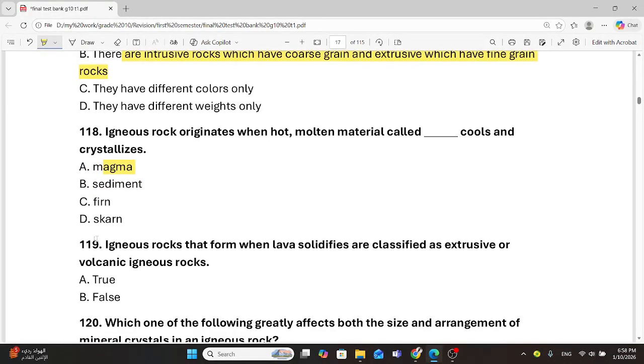Igneous rocks that form when lava solidifies are classified as extrusive or volcanic igneous rocks. We should pay attention to the word lava, which means above the earth, so extrusive or volcanic. So true.